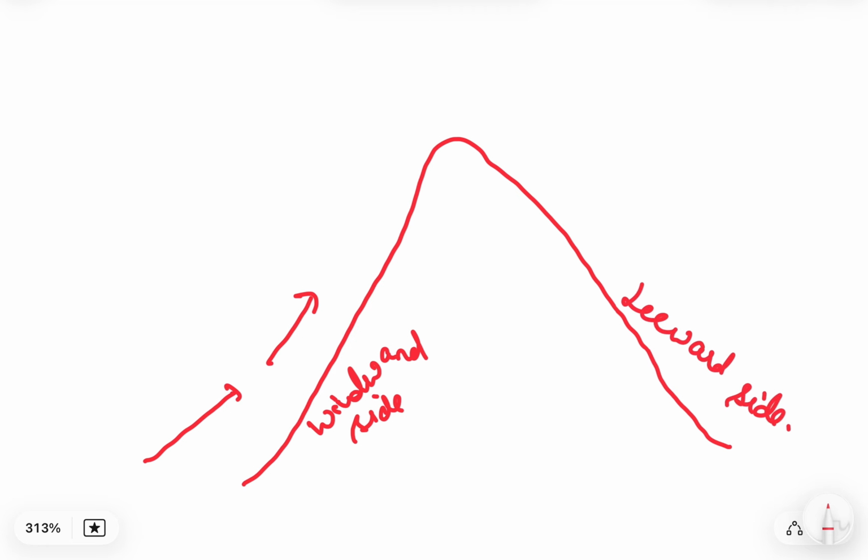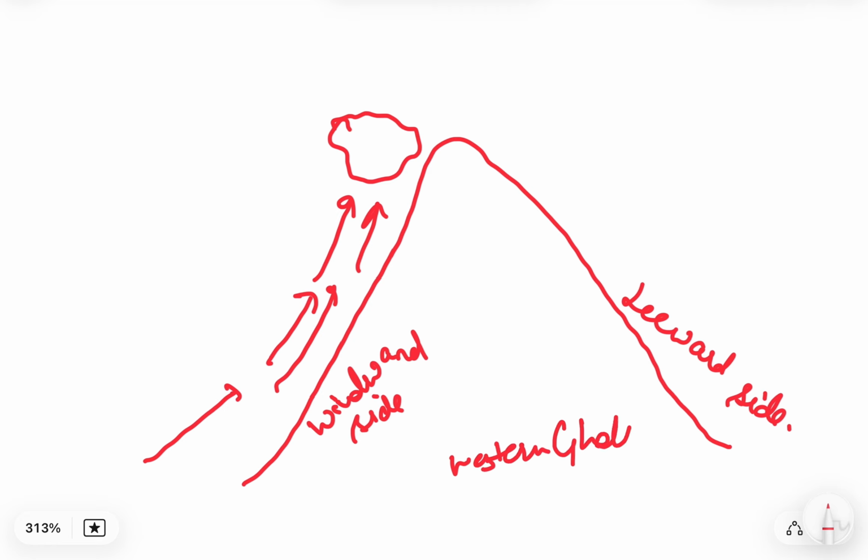When these air masses rise, they will form clouds. This is an example of the Western Ghats in India. So these clouds will collide with the mountains, and after the collision, all of the rainfall they carry will precipitate here. All of the water droplets will precipitate here.